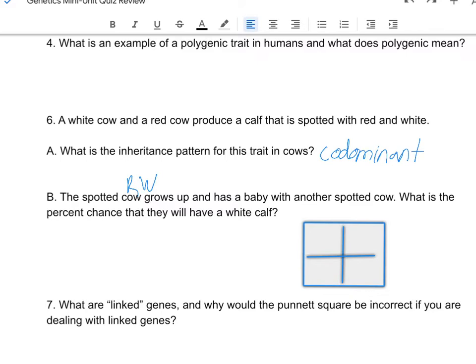For codominant traits, they each get their own letter. So there's one spotted cow and the other spotted cow, and we'll fill this out. And we should see that this box would represent a white calf. So the percent chance of the white calf would be 1 out of 4, 25% chance.